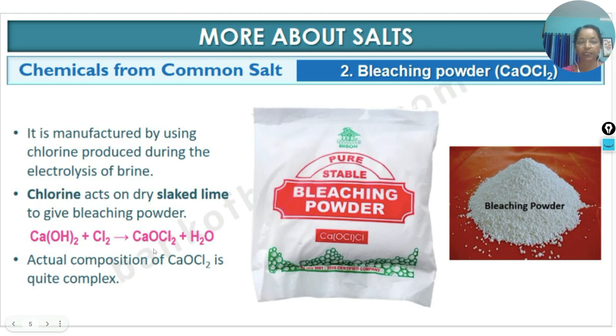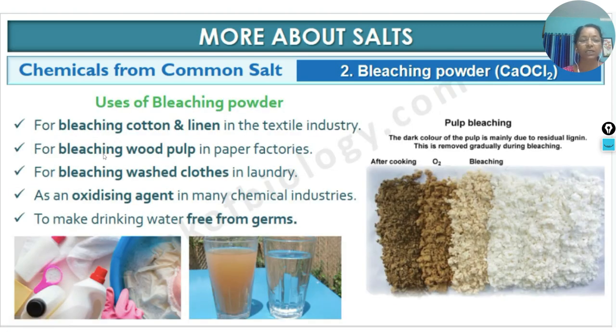Next are the uses of bleaching powder. The word bleaching itself gives some of the uses. It is used in the bleaching industry, for bleaching cotton and linen, wood pulp, washed clothes, etc. It is also used as an oxidizing agent in many chemical industries and to make drinking water free from germs.